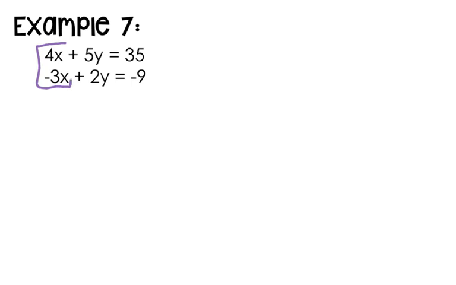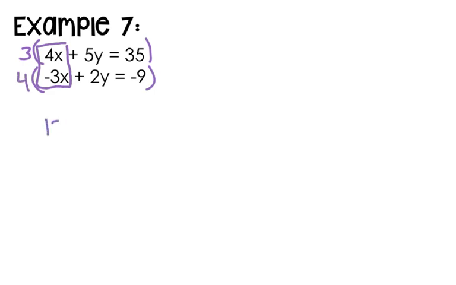But notice that we've already got a positive and a negative with those coefficients in front of x. So that would be where I would start, and I would multiply the first equation by 3 and the second equation by 4 to get the same coefficient.